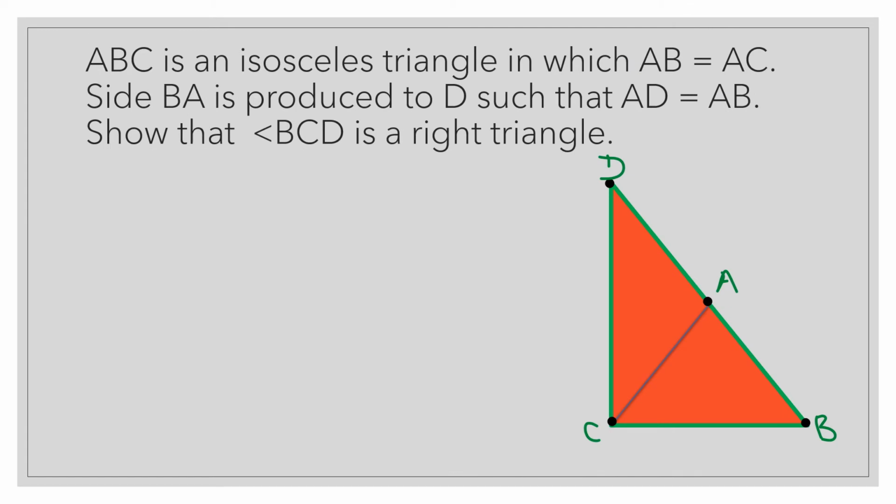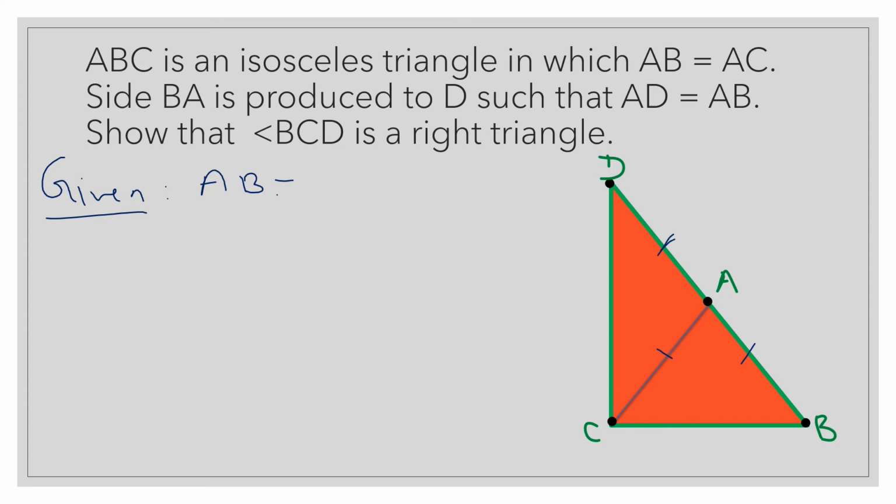Next question is, ABC is an isosceles triangle in which AB is equal to AC, side BA is produced to D such that AD is equal to AB. That means you have given all the three sides are equal.